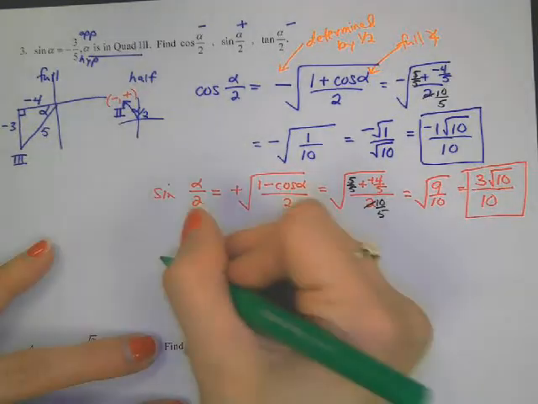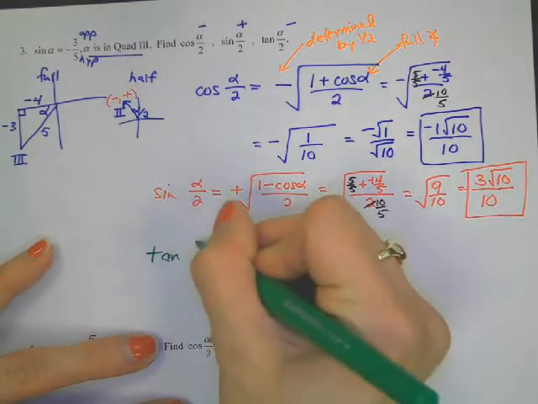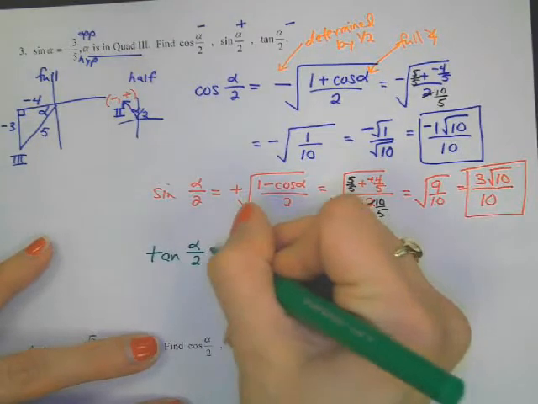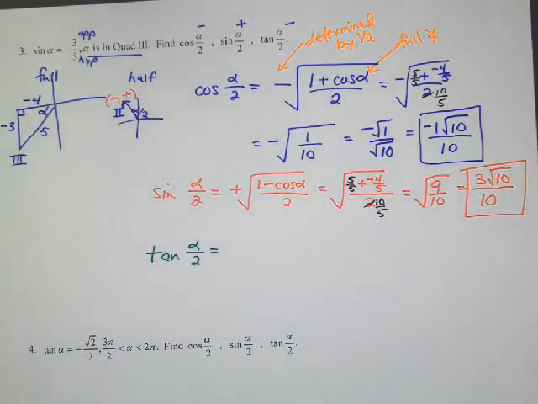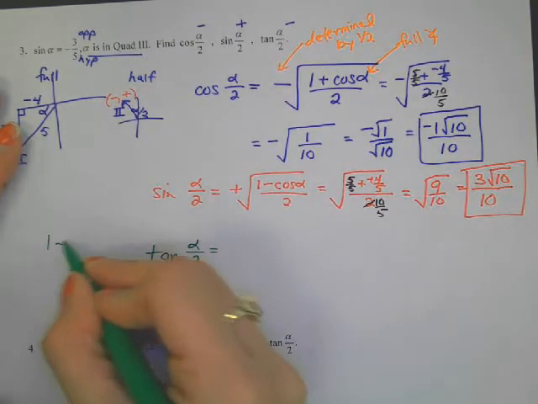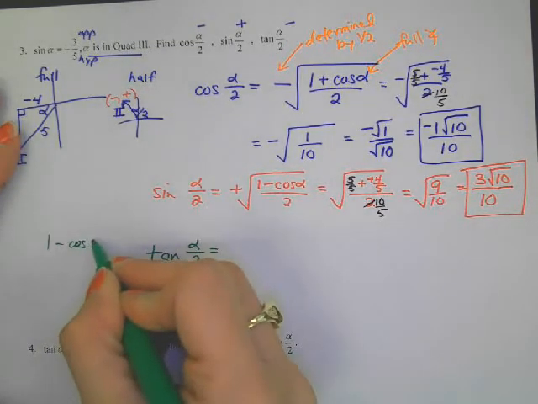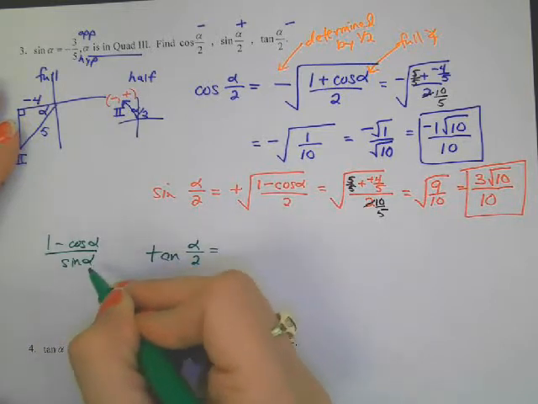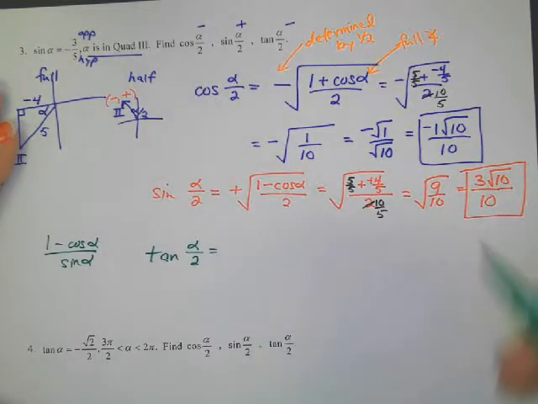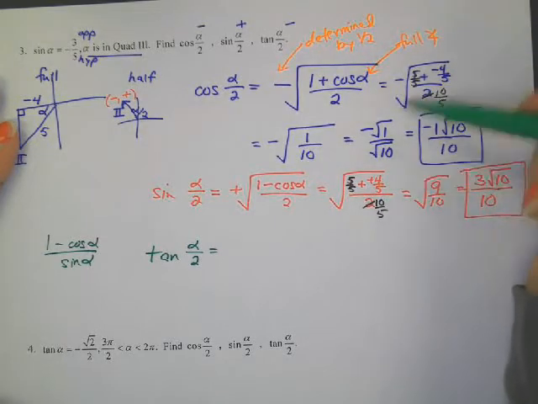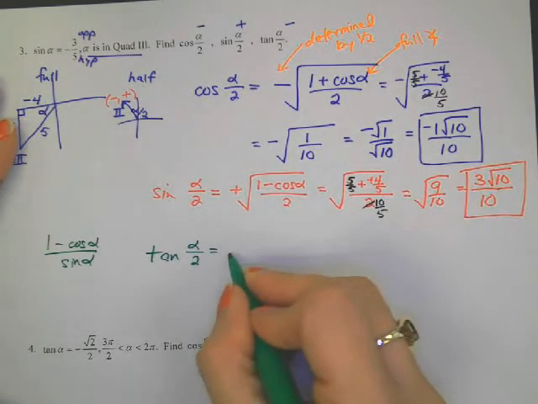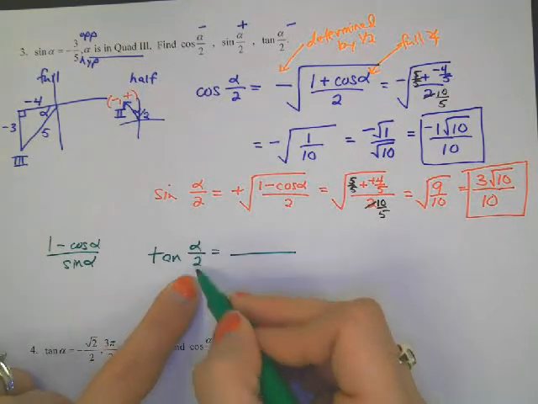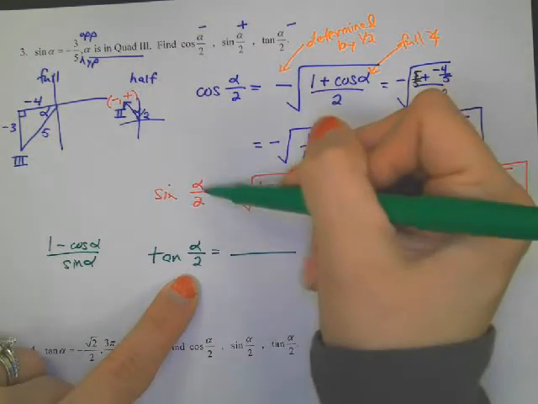Now, there's a couple ways you could do this. You could use the formula for tangent, and the one that I highly recommended was 1 minus cosine of full alpha over sine of full alpha. But since we just calculated the sine and the cosine, we could do the tangent of half alpha using the sine of half alpha and the cosine of half alpha, because tangent is sine over cosine.